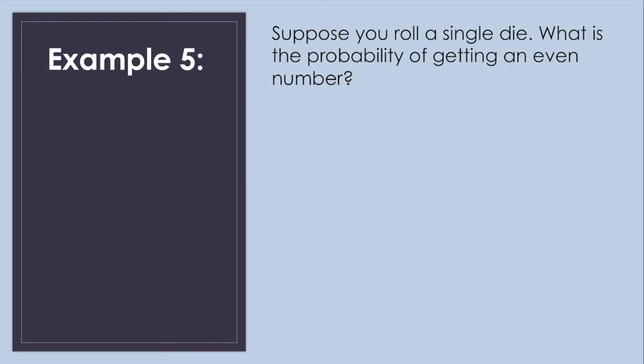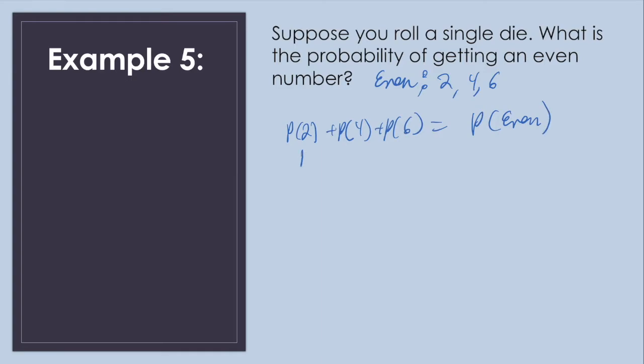So let's say we roll a single die. What's the probability of getting an even number? Well, what are the even numbers on a die? The even numbers are 2, 4, and 6. Well, the probability of getting a 2 plus the probability of getting a 4 plus the probability of getting a 6 would add up to the probability that my die roll is even.